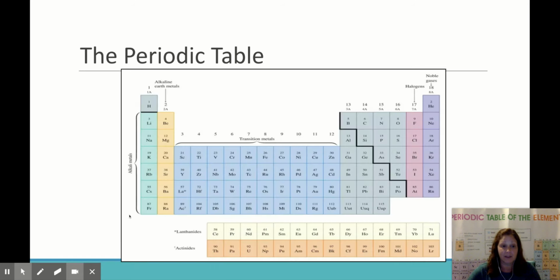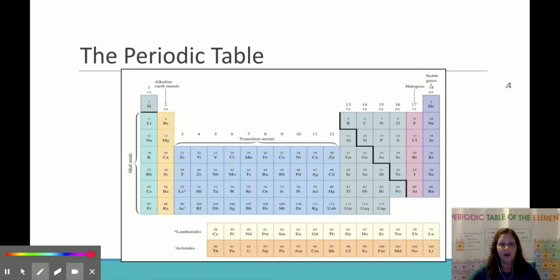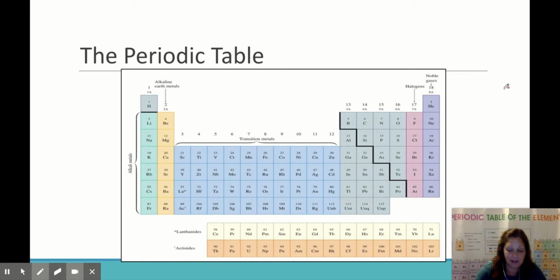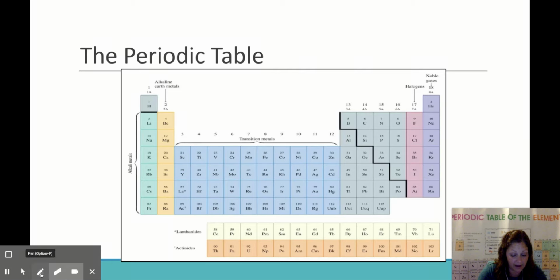When we're looking at the periodic table again, here we have a group, here we have a period, and members of the same group have similar chemical properties based on the same number of valence electrons.